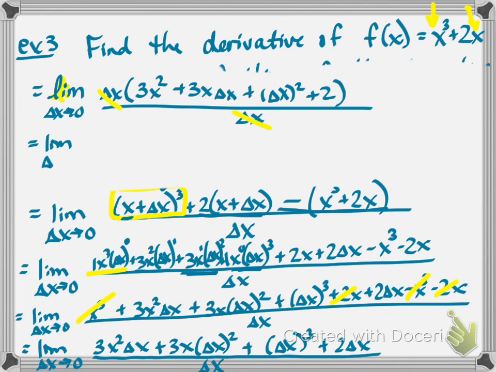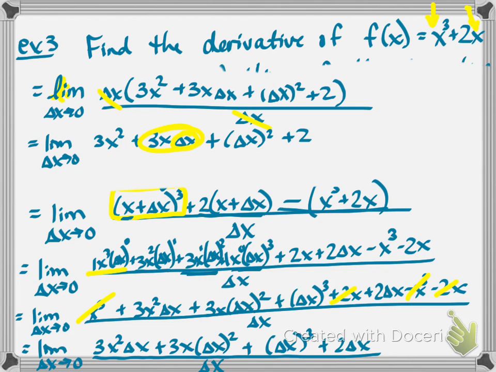And I get the limit as delta x approaches 0 of 3x squared plus 3x delta x plus delta x squared plus 2. And I would be okay if you skipped that line and you just wanted to write what happened when you took your limit. So as delta x goes to 0, this goes to 0.